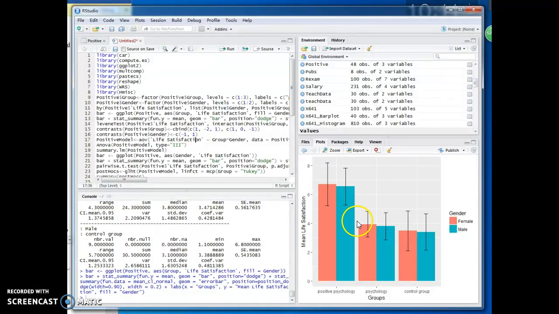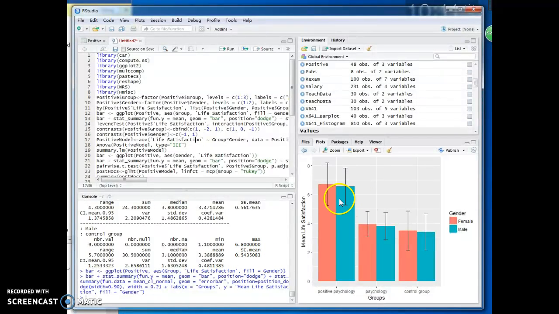So we can assume that after reading the positive psychology books, people's life satisfaction increased. And we can also assume that after reading the psychology book, there is only a slight increase in life satisfaction.